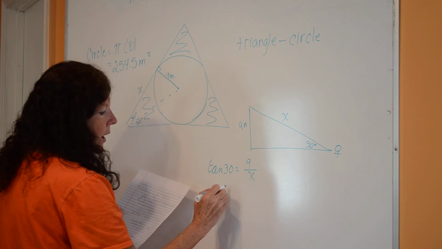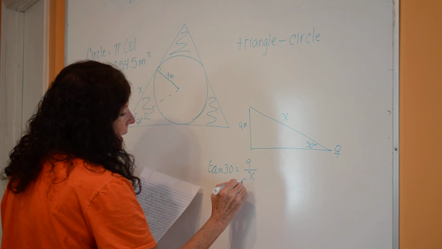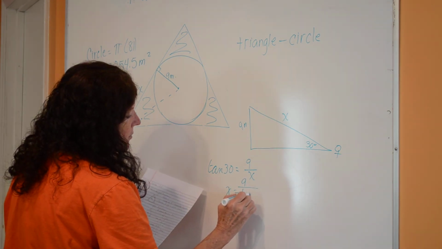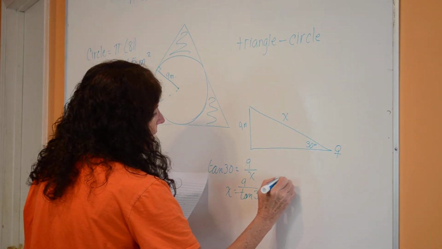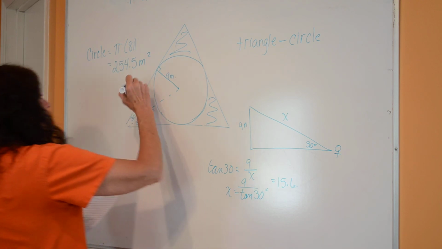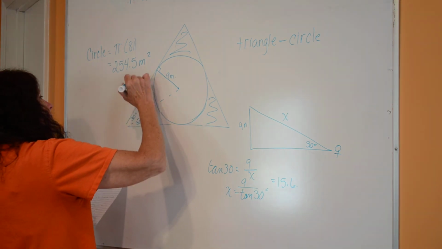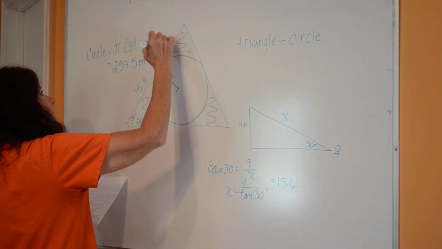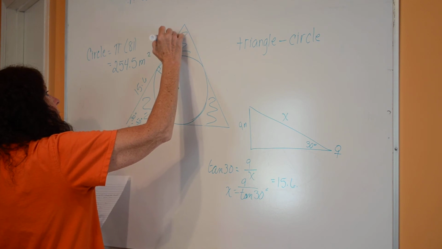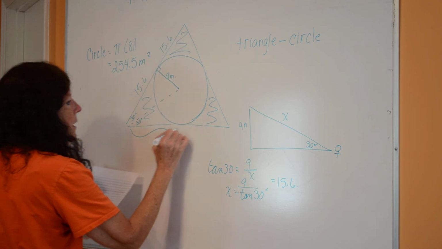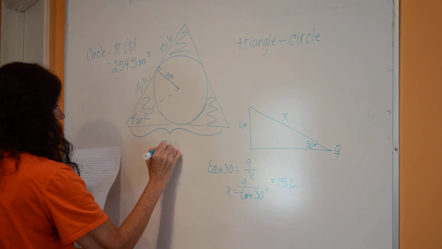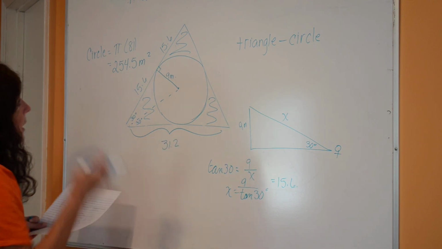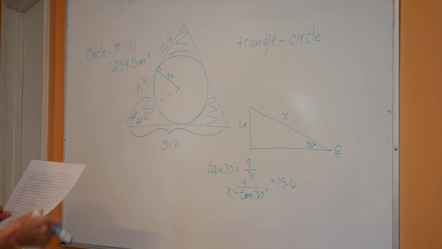So x is going to be 9 divided by the tangent of 30, which once I work it out gives me 15.6. So this part right here is 15.6 and this is 15.6, okay? So the entire side then is going to be 31.2.